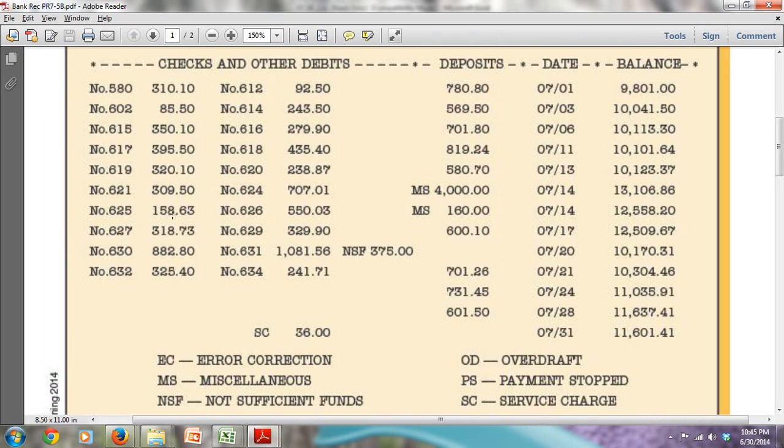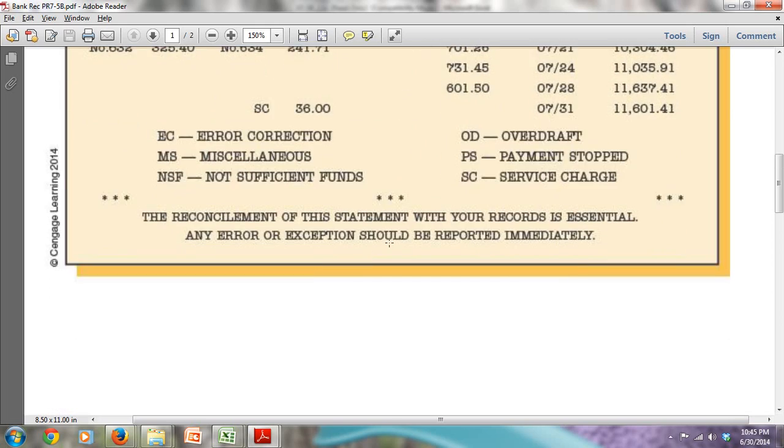So if we look at 627 in the bank statement, it's actually showing up as 318.73. Okay, 318.73. Now let's go look at what happened in the register.